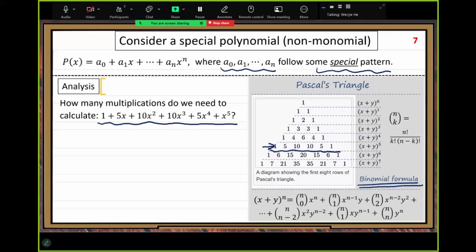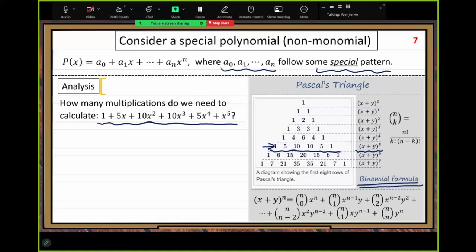It means this formula corresponds to x plus 1, where you take y as 1, to the fifth. 1 plus x, parenthesis, to the fifth.